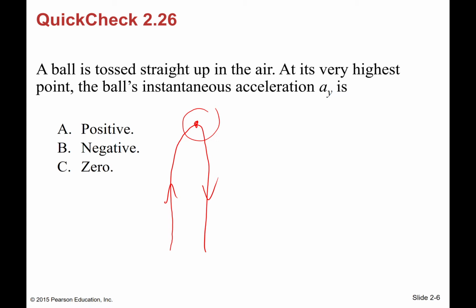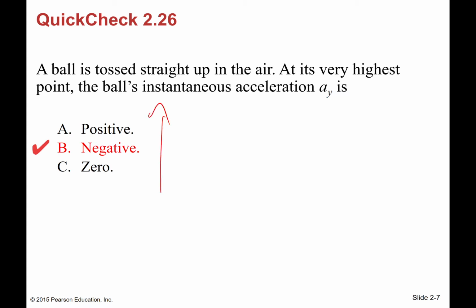Take a minute to answer this question. The acceleration is g, right? The acceleration is g all the time. It doesn't change. So the acceleration at this point is g. It points down, so it's a negative acceleration because we've chosen the coordinate system pointing up.